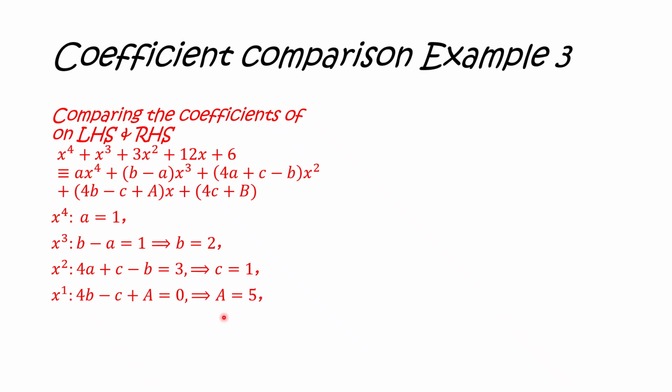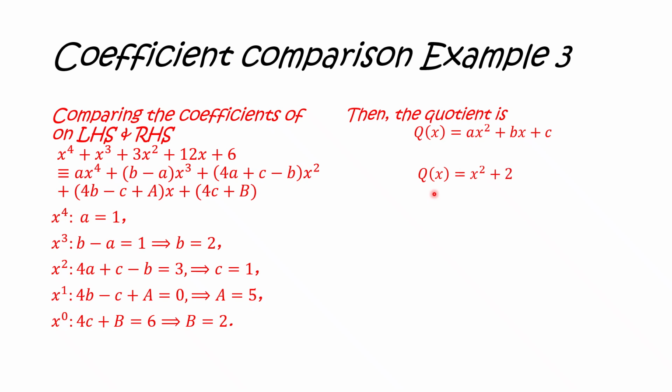Substituting for b and c, we get the capital A being 5. Then for the constant term, 4c plus capital B is equal to 6. So meaning that the capital B becomes 2. Then our quotient, substituting for a, b, c, the small letters, is x squared plus 2x plus 1. And the remainder would be 5x plus 2.